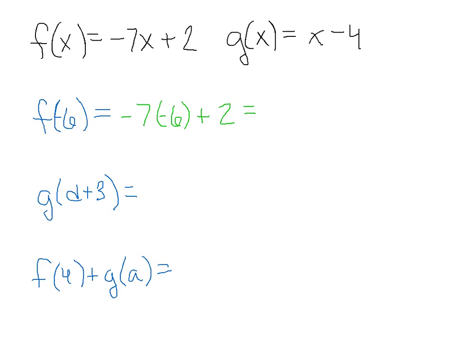Negative 7 times negative 6 is 42, plus 2. So my value, f of negative 6, gives me 44. What that means is every time I plug in negative 6 for this function, I will get 44 as a result. So that is my final answer.